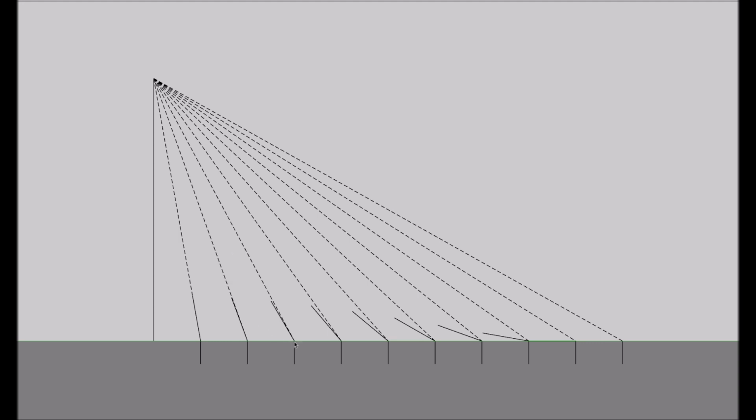A straight line connecting this viewpoint to this object has a certain angle, and the same here. A straight line connecting this fixed viewpoint to that object has a certain angle. These are triangles. This is all this is, triangles.